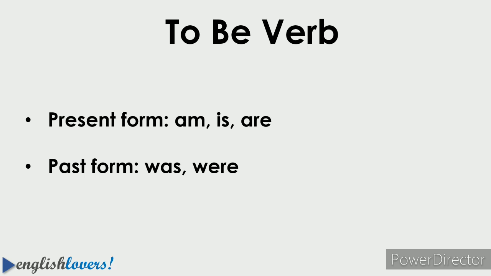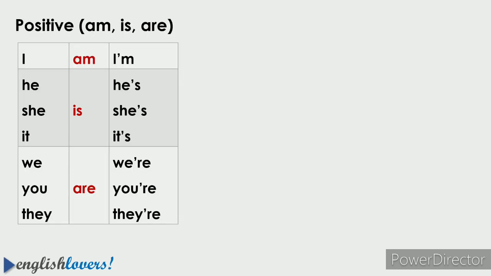So we are going to study these verbs and how they are used in positive statements, negative statements and with questions. We are going to see some examples, and as usual there is an exercise at the end that we will solve. So here are the positive statements with am, is, are.